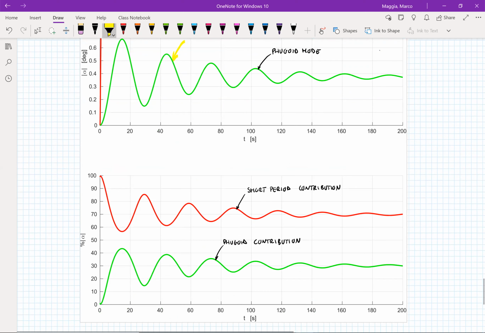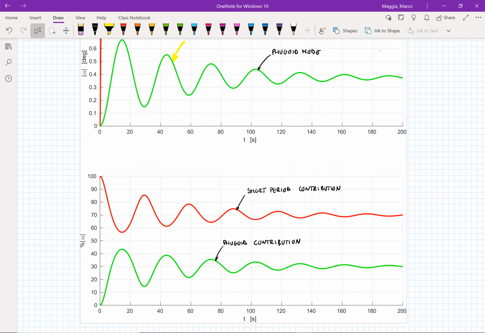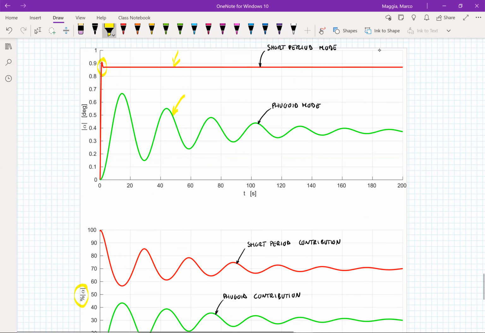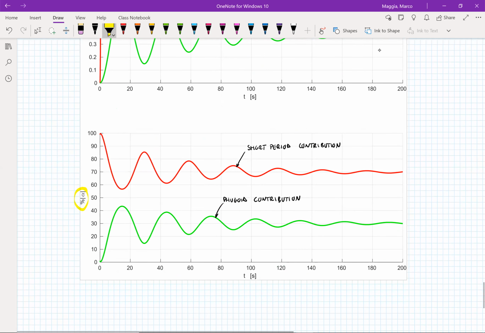And we can also plot the percent contribution of the short period mode and the phugoid mode. And you see then in the beginning, when the short period mode is acting way more than the phugoid mode, the majority of the change in the angle of attack is due to the short period.